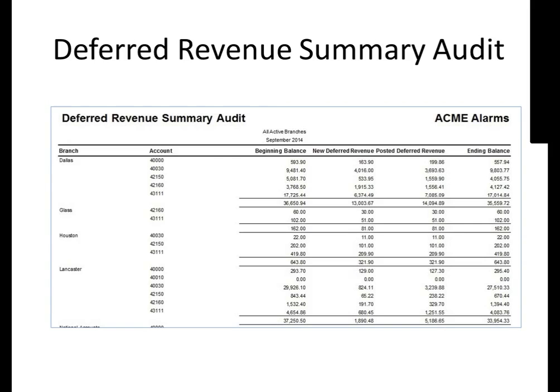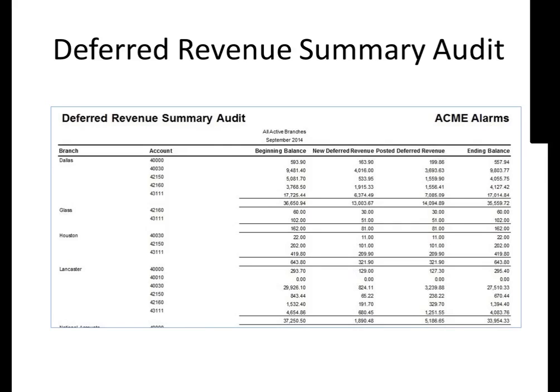Your ending deferred revenue summary on this report should balance to your general ledger. This will also balance to your deferred revenue distribution report that will show you all your open deferred revenue as it's spread out over future periods. So make this part of your monthly close procedures.